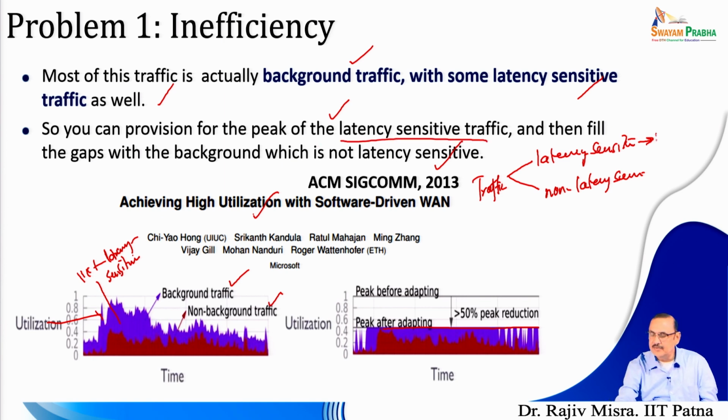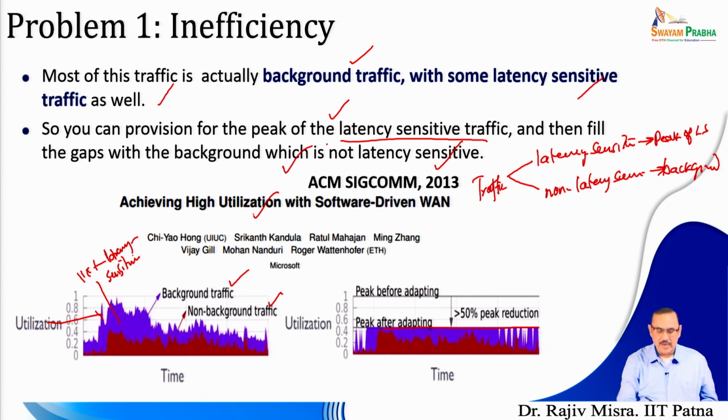The peak of the latency sensitive traffic is going to be useful, and the remaining capacity can be filled by non latency sensitive traffic, which is called the background.